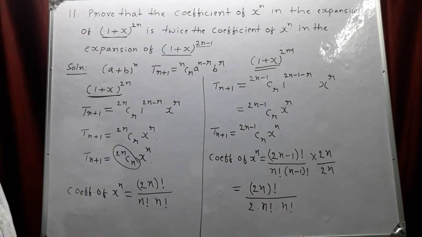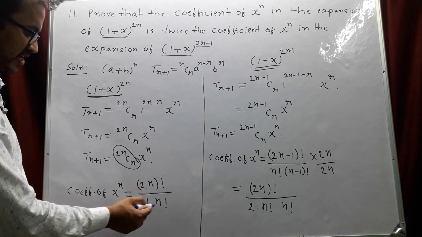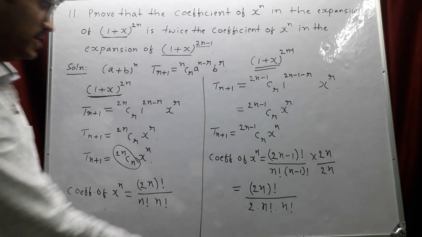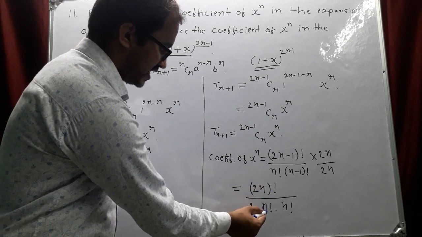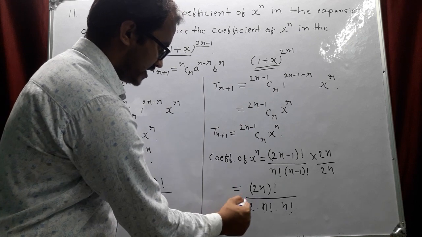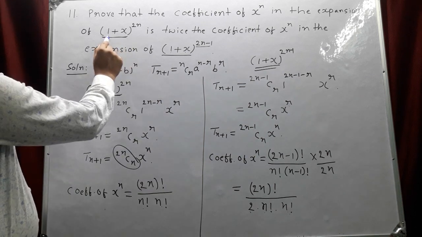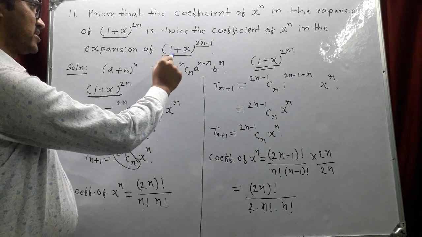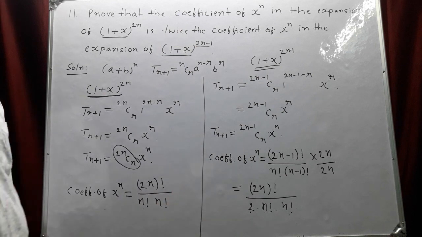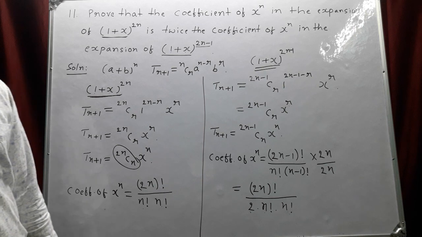Now if you compare the coefficients, here we have (2n)! by n! into n!. Here the coefficient of x^n is (2n)! by n! into n! into 1/2. So by comparing, we can say the coefficient of x^n in the expansion (1+x)^2n is twice the coefficient of x^n in the expansion (1+x)^(2n-1).